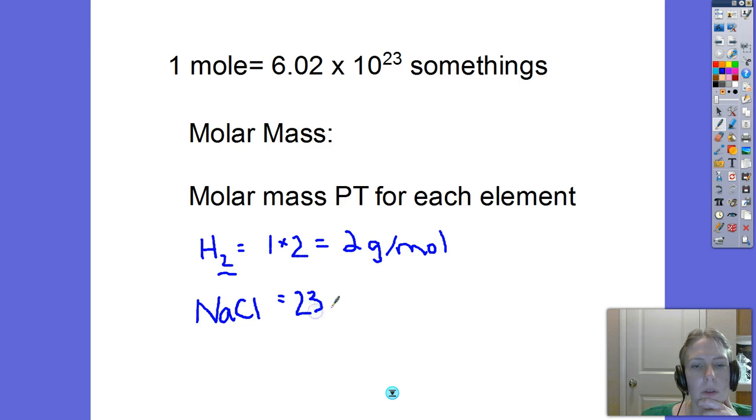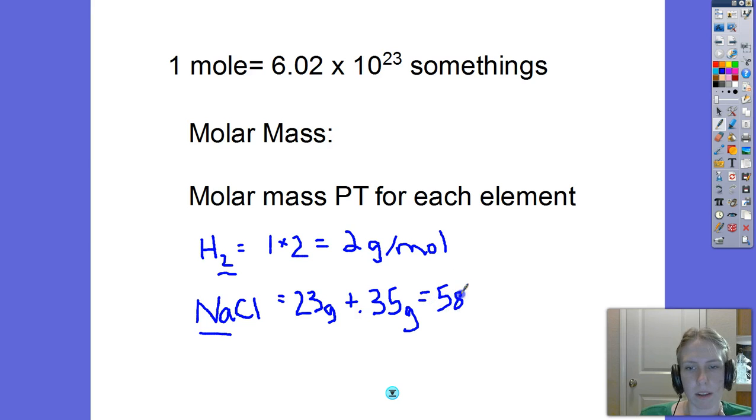So 23 grams, we have 1 sodium atom in this compound, plus our chlorine, which we only have 1 of, and that's actually 35 grams. So if we added it up, we would get 58 grams per mole.